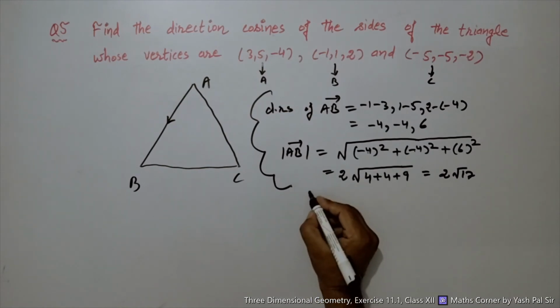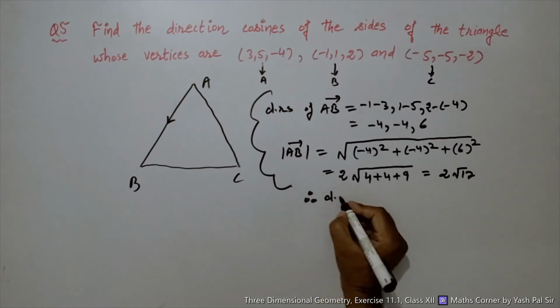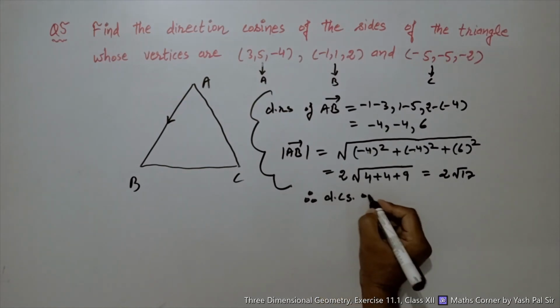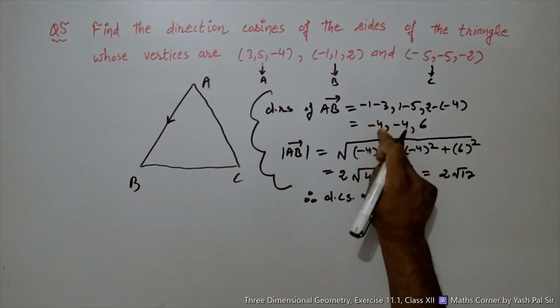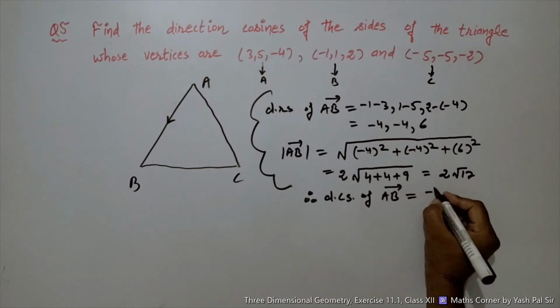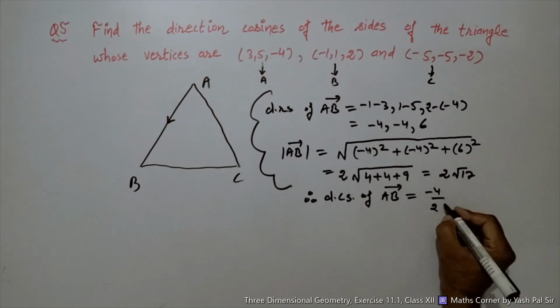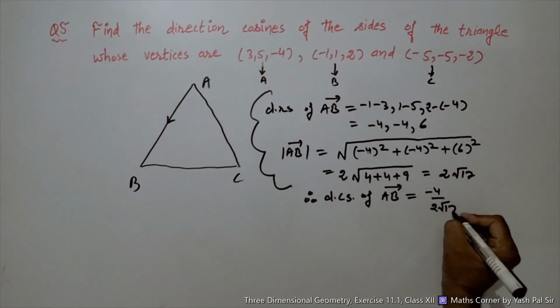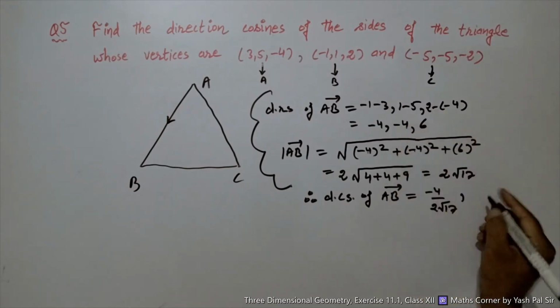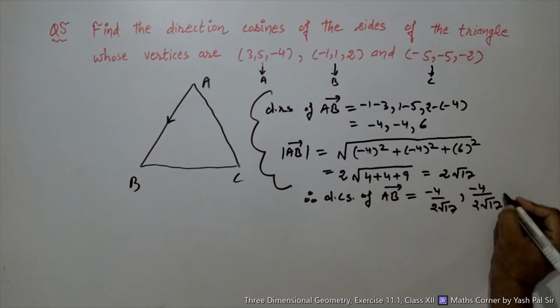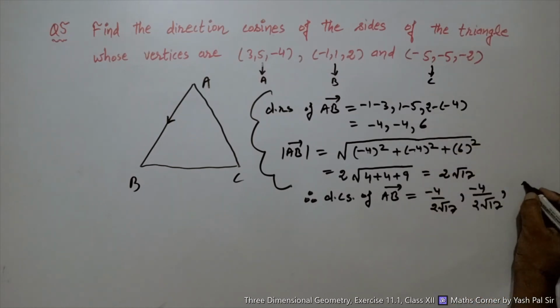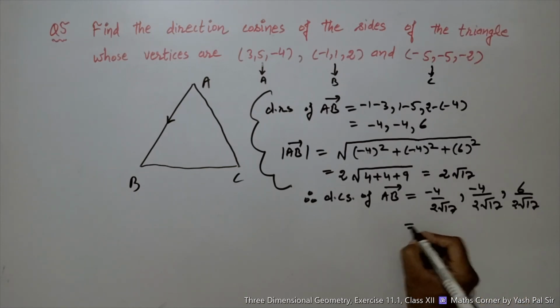Therefore direction cosines of side AB are -4 upon 2 square root 17, -4 upon 2 square root 17, 6 upon 2 square root of 17.